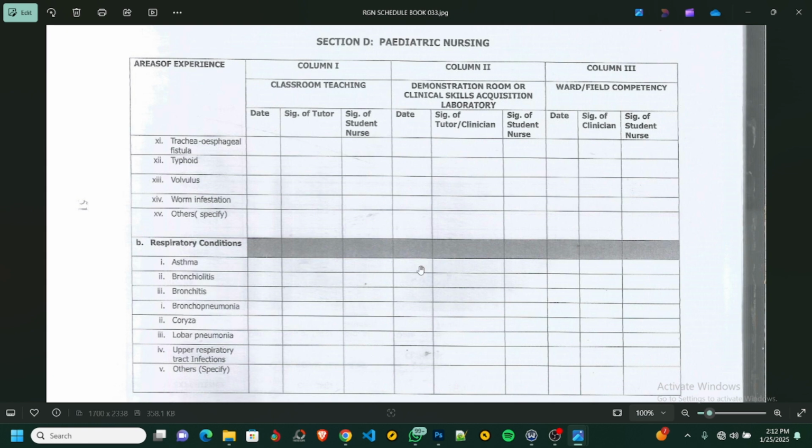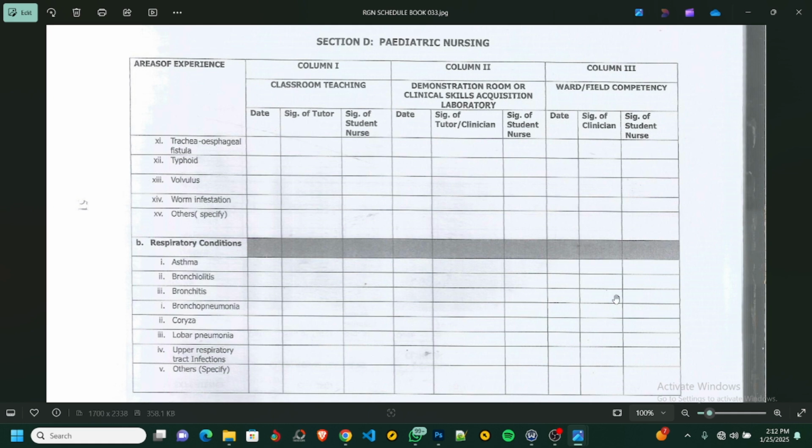So you write the dates. If they were taught today, for example, you write today's date for asthma, then you write bronchitis and then bronchopneumonia, so that you skip the next one and make sure you sign those ones, and then the clinician does it. Then you go through the same process for that of the competency.